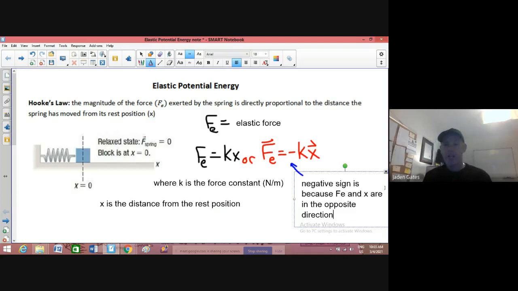What I mean is that in my diagram, if I compress the spring, moving it to the left, the spring is going to push to the right. If I stretch the spring to the right, the spring is going to pull back to the left. So this formula is very rarely used, because it's intuitively known that if you compress the spring, it'll push back on you, and if you stretch it, it'll pull back on you. Fe and X are always in opposite directions.